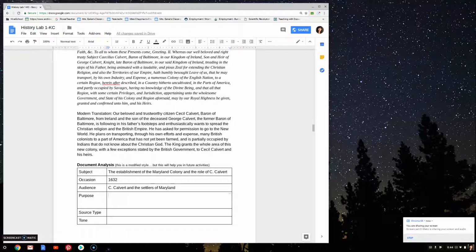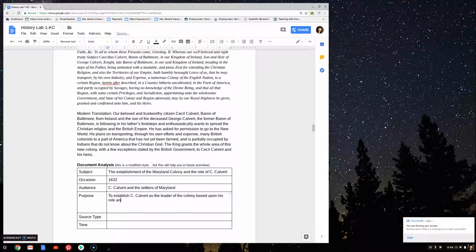Well, it's kind of simple and straightforward. The purpose of this charter is to establish Cecil Calvert as the leader of the colony based upon his role and status in Ireland and England. Okay. It also says up here that he asked for permission to go to the New World.